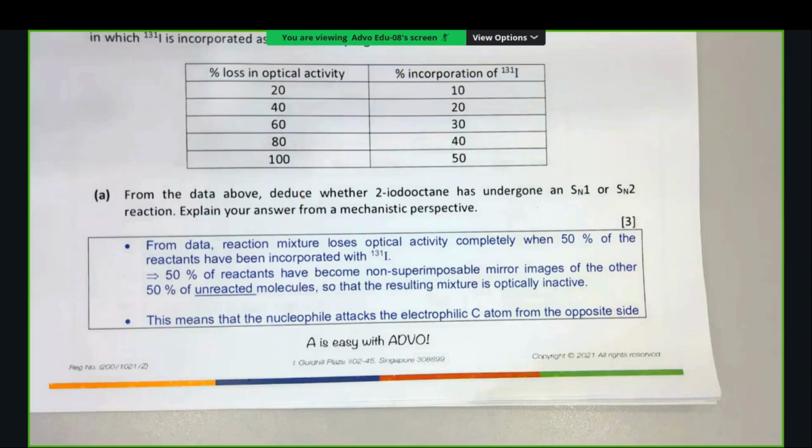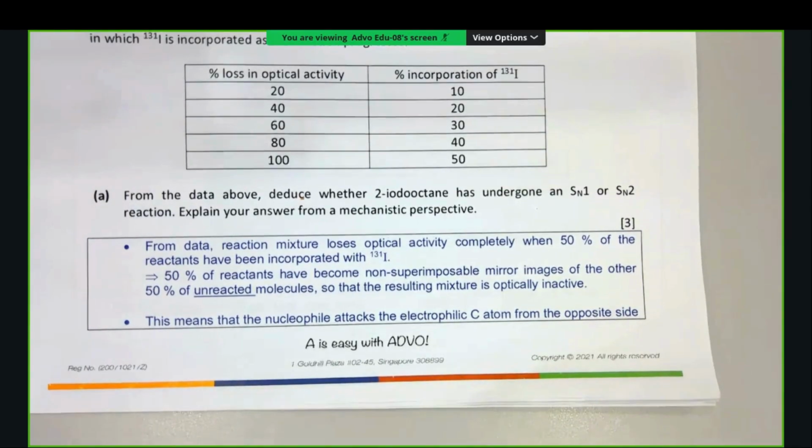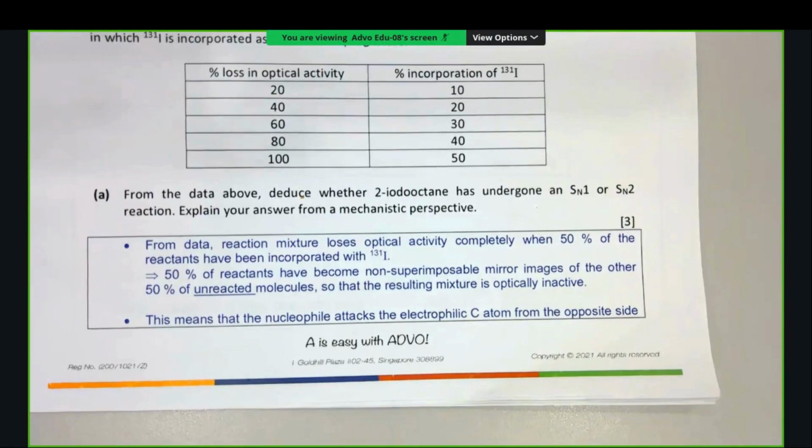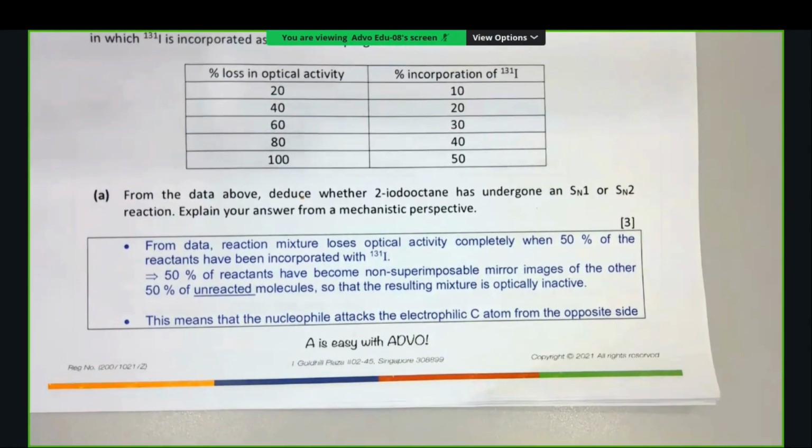I think I have to see the complete part of this, then I have to ask my question. Or I ask now. Is it not that the third point is not that the nucleophile attacks from the opposite side, but that there's 100% yield of the opposite side? Because SN1 would give you non-superimposable products at only 50% yield, compared to SN2, which will give you 100% yield of only one product.